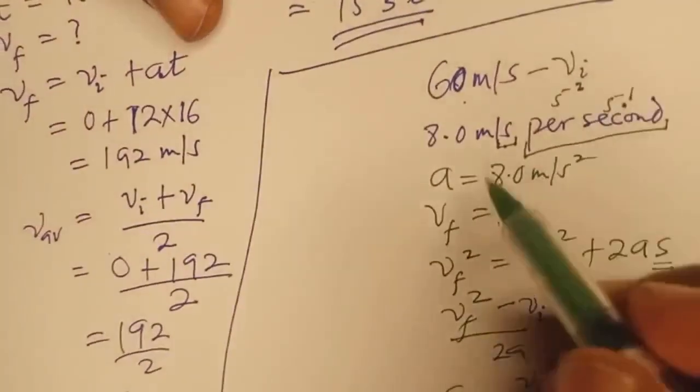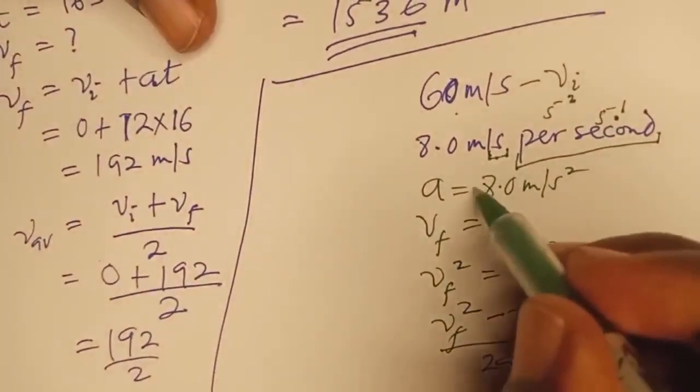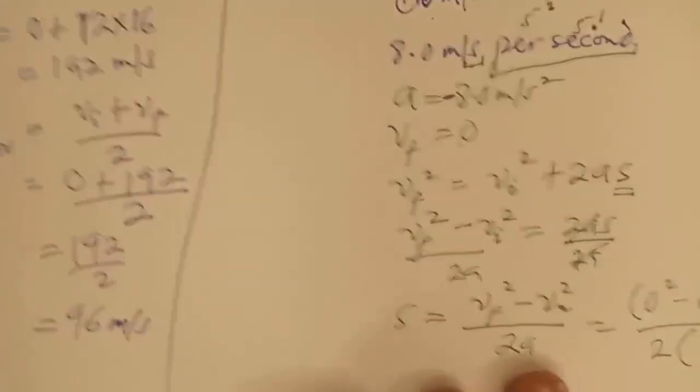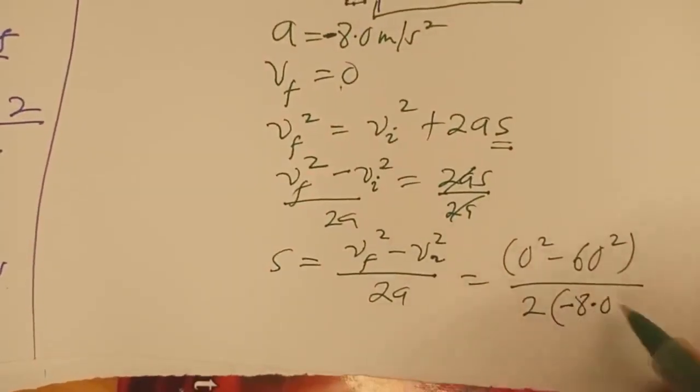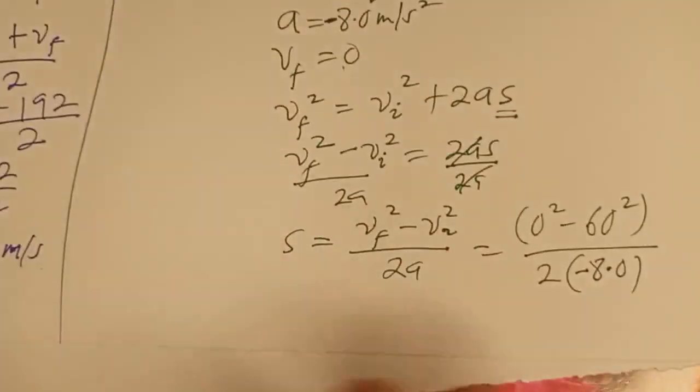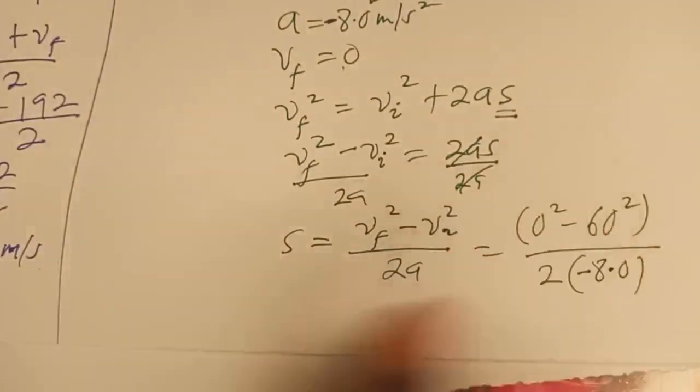Since it is slowing down, don't forget to put negative. Whenever an object slows down, the acceleration is negative, even if it is not given in the problem. So negative 8.0.